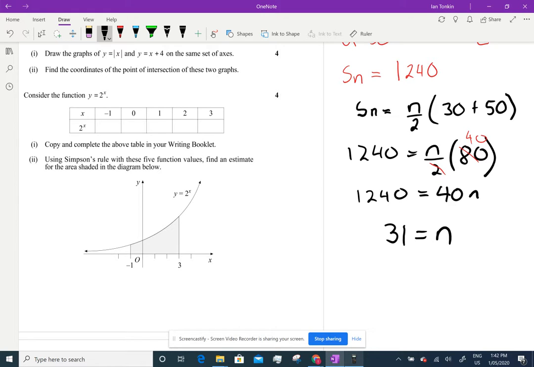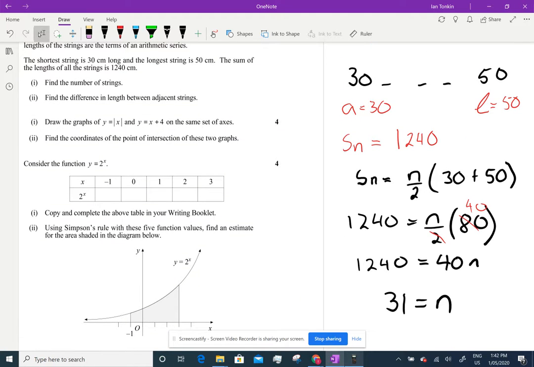Let's double check that, because I'll get my other HSC booklet. What have we got? 1995, and it's question 4. Sorry about this. 1995, question 4. 31 strings. So there's part 1.